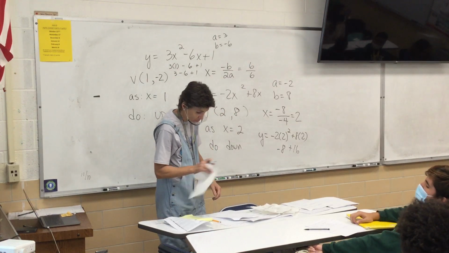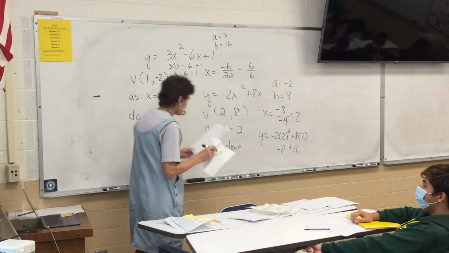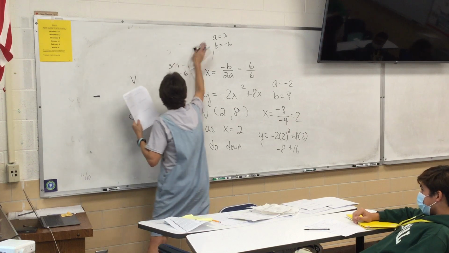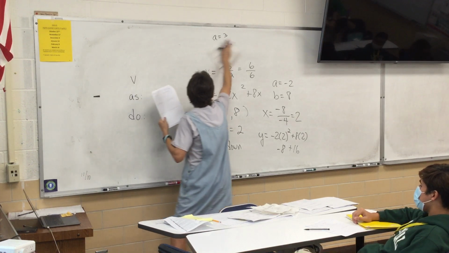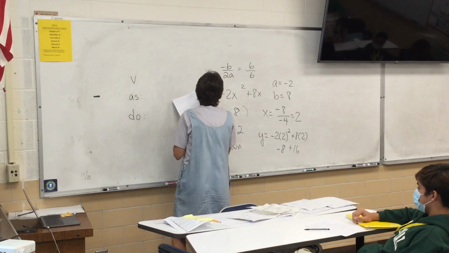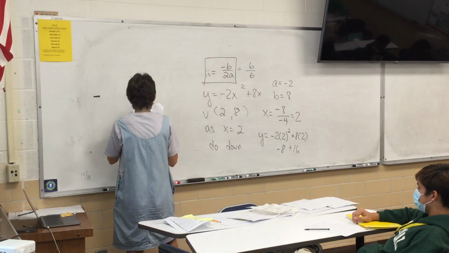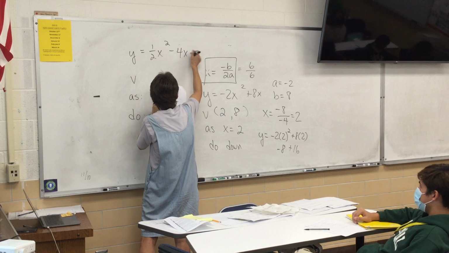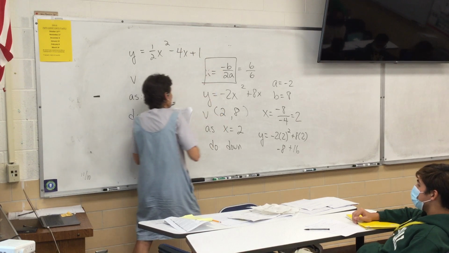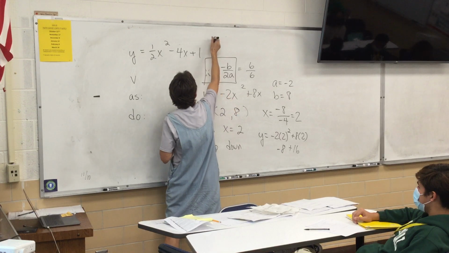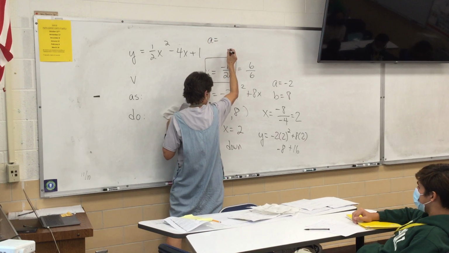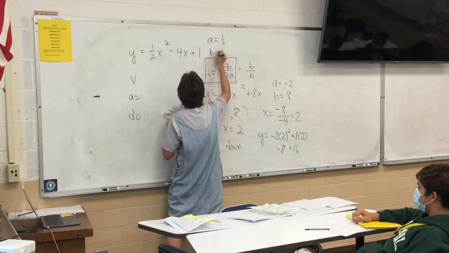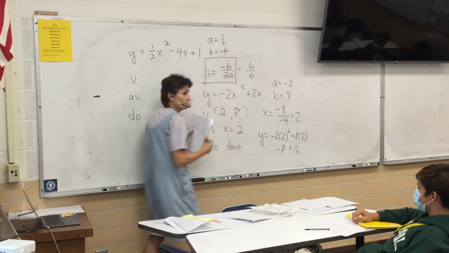Now, some of you are probably freaking out because you're looking at the next one and, oh my gosh, it has a fraction in it. Do not fear that. Because remember, your formula is negative b over 2a. What is the A and the B in this problem? A is 1/2, and B is -4.